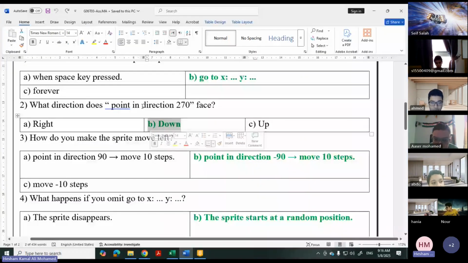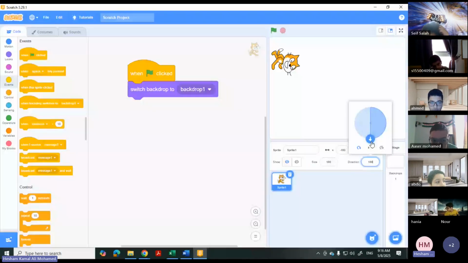Again, the direction is of 270. It has a different name here, or a different angle. Here it's 180, but it's supposed to be 270 in the coordinates, right? Whatever the degree is, they both look downward.